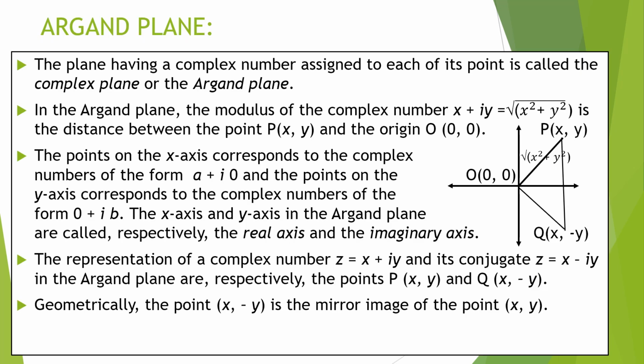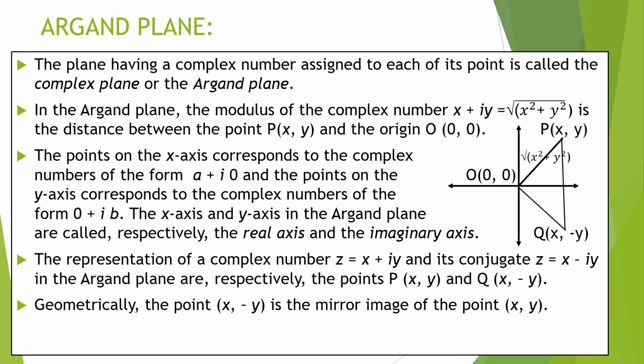Now we try to understand the complex number with the help of a diagram. The plane having a complex number assigned to each of its points is called a complex plane or the Argand plane. In the Argand plane, the modulus of the complex number x plus iy, which is equal to root of x square plus y square, is the distance between the point P(x, y) and the origin, which is (0, 0).